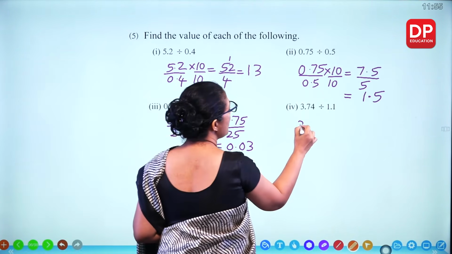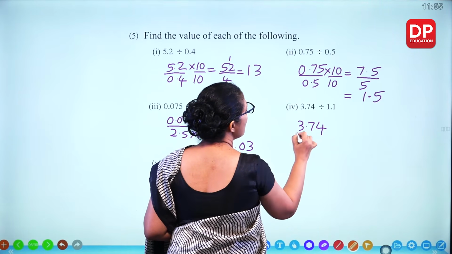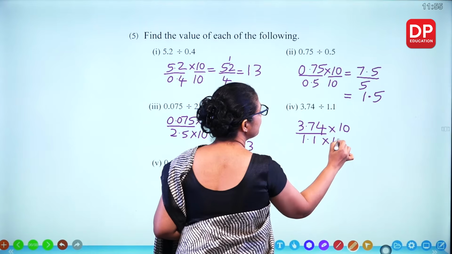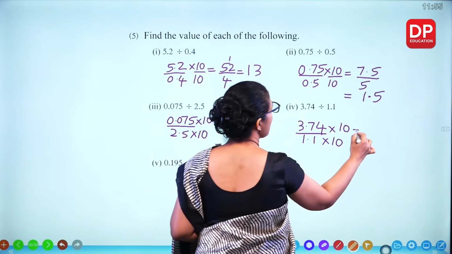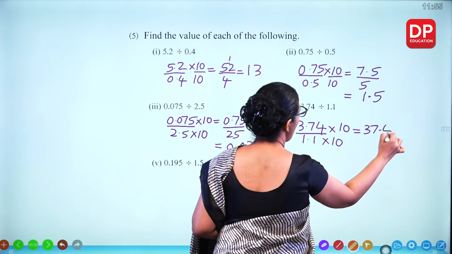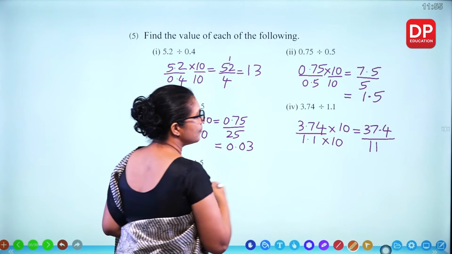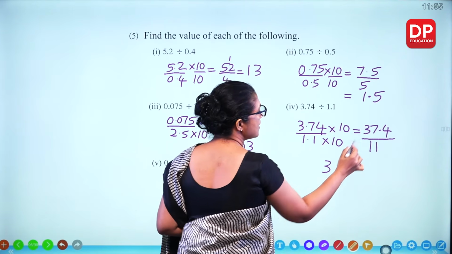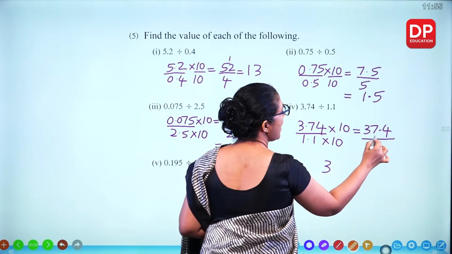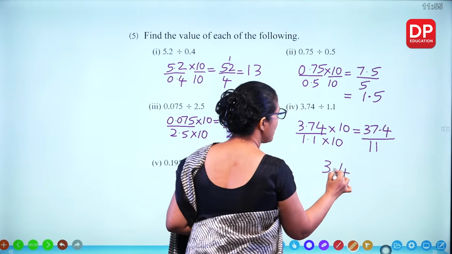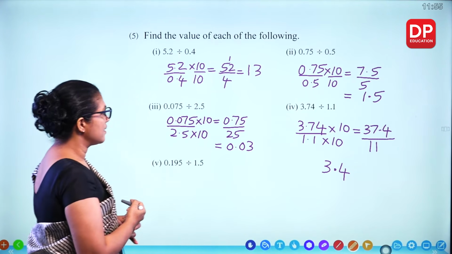This one 3.74 divided by 1.1. Multiply by 10. 37.4 divided by 11. 11 times 3, 33. And then for 44, that's 4. So 3.4 is the answer.